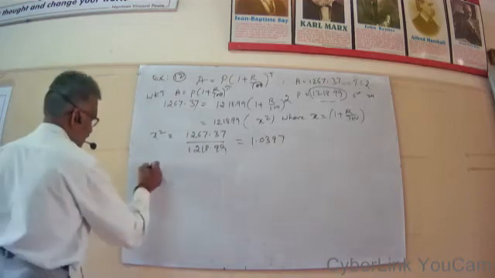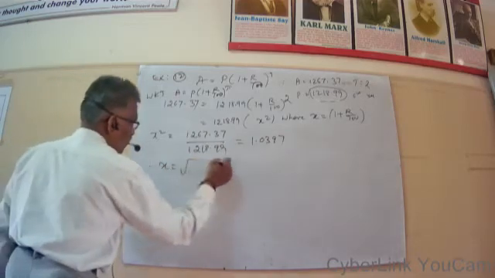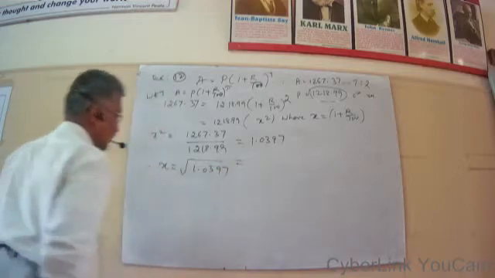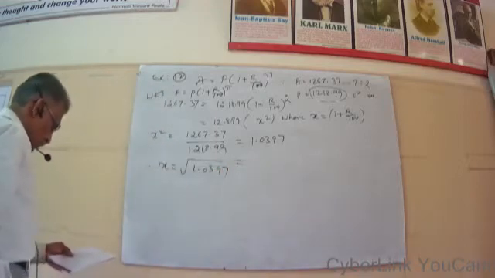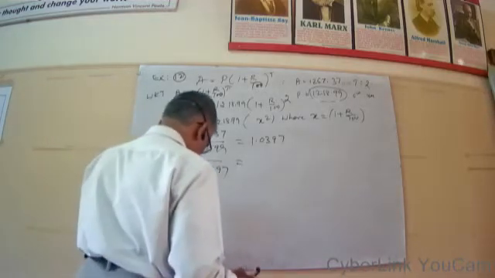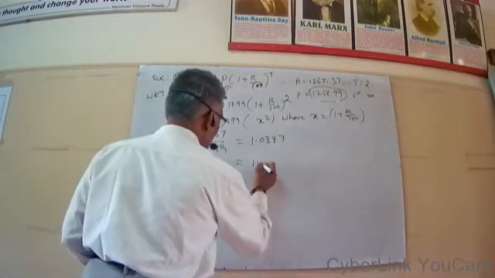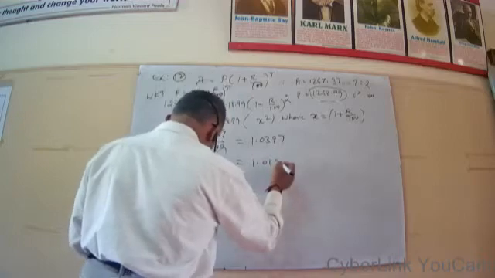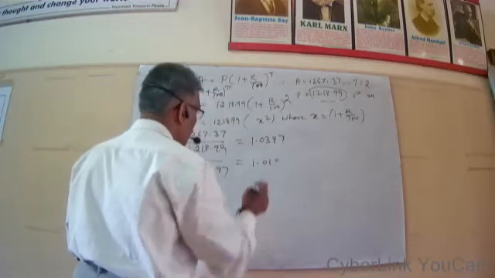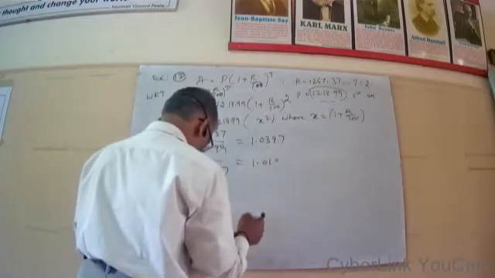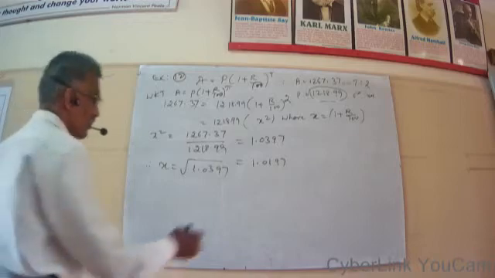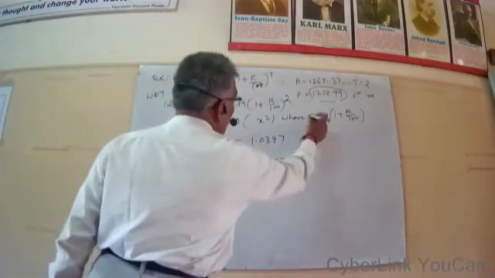Therefore x equal to square root of 1.0397, that is equal to 1.0197.